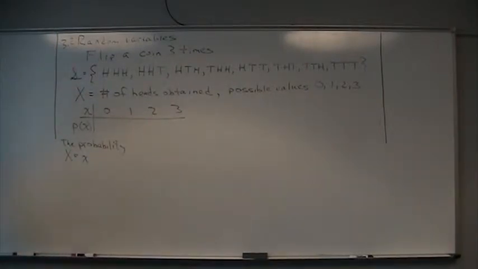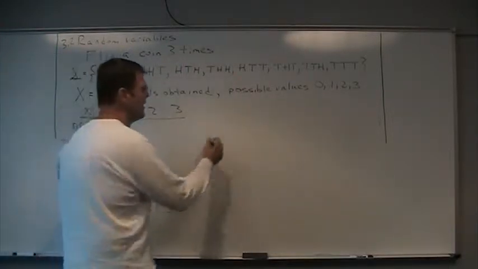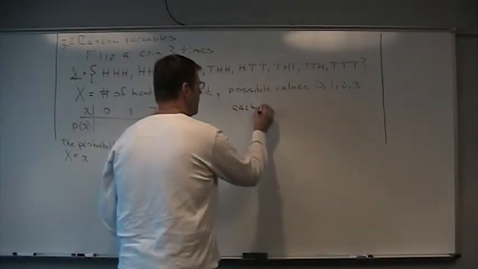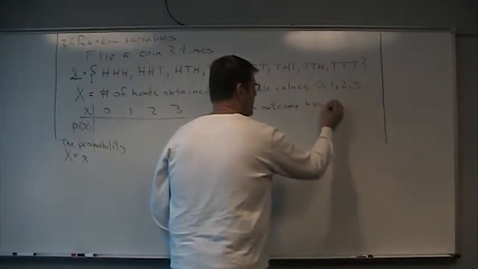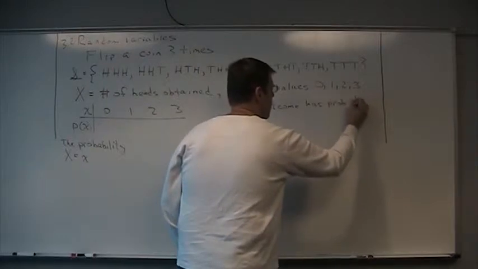Now, for the purpose of this problem, we're going to assume that the coin is evenly weighted. And if the coin is evenly weighted, then each outcome has probability 1/8.